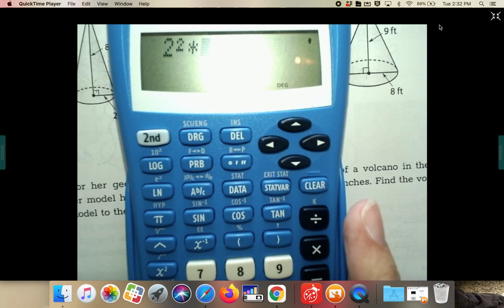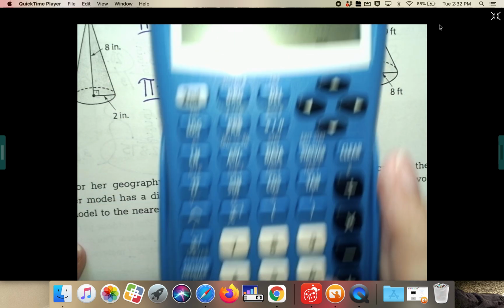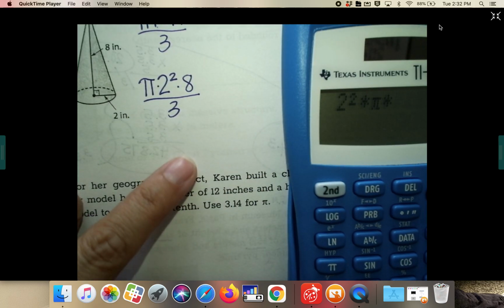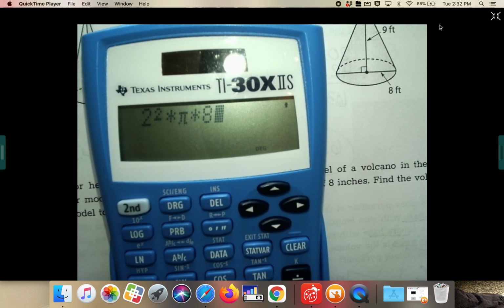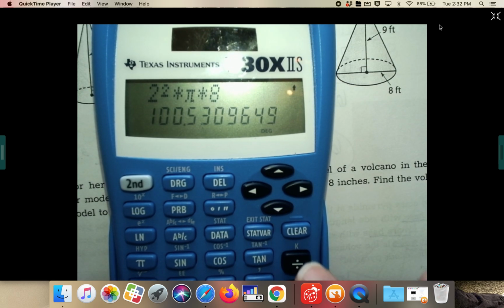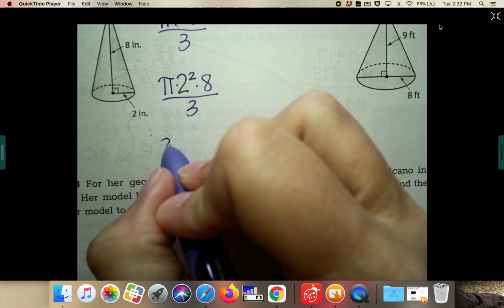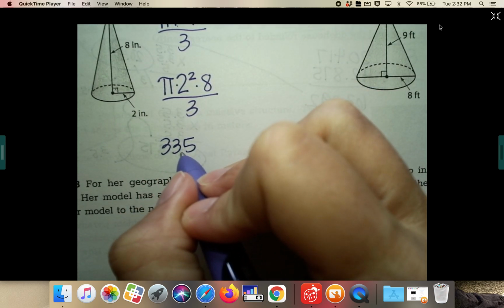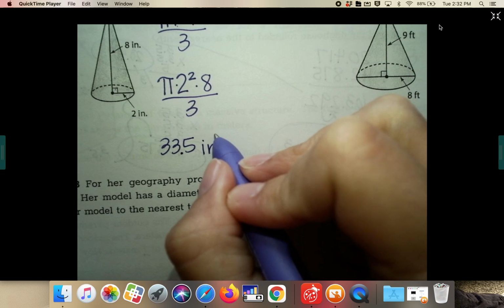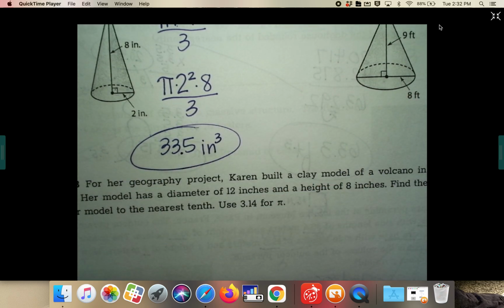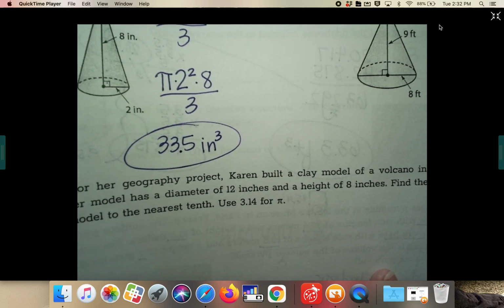So times the pi button, and that will calculate pi, times the height, which remember is 8, equals, and then I'm going to divide it by 3 because it goes to a point. We round to the nearest tenth, so it's going to stay 33.5. So this is 33.5 cubic inches. Once again, volume is always in cubes, cubic inches, cubic whatever units. And that's it. That's all there is to it.